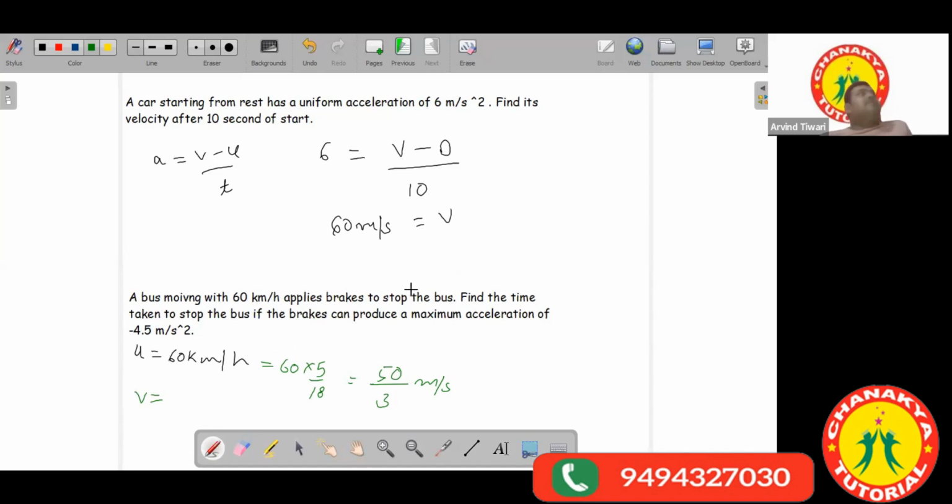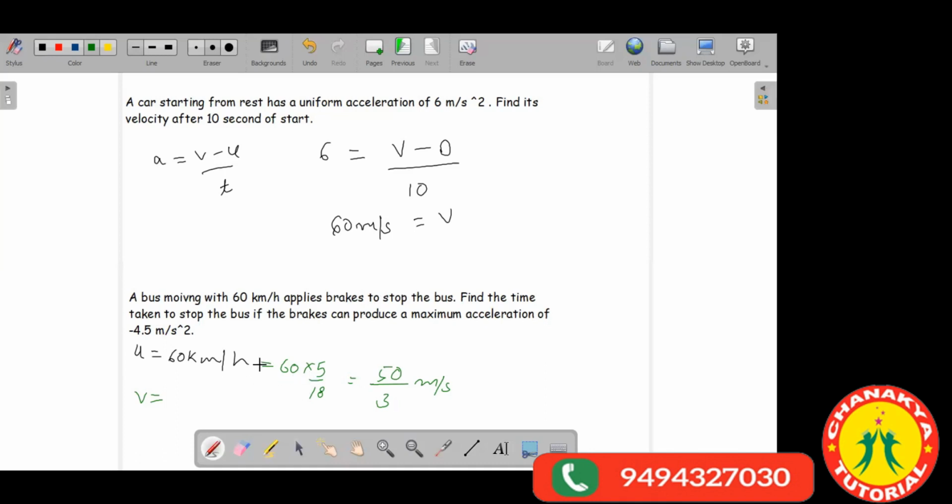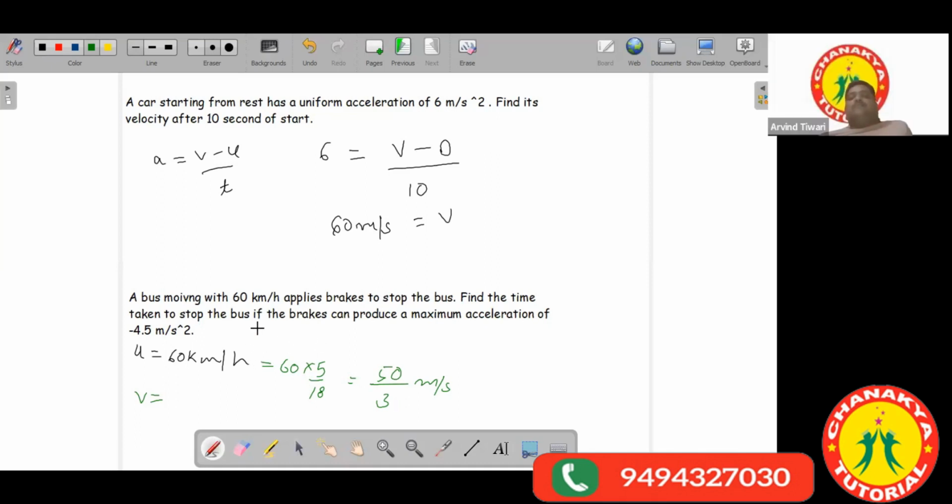Akshara, are you there? Okay, Harshit. Sir, is it 0? Yes, the final velocity is 0, as finally the bus stops. The bus is stopped by the brakes. So the final velocity of the bus is 0.